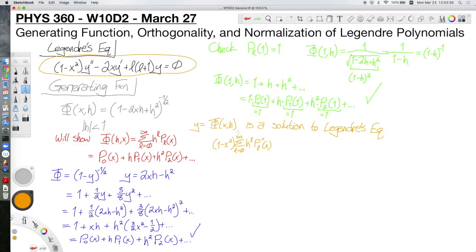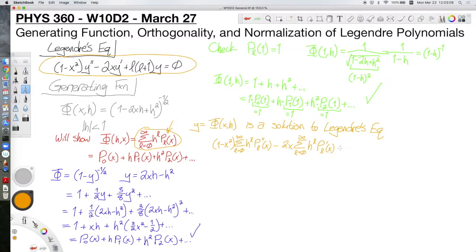The derivative is only applied to the part of this expression that is in terms of x, which is specifically the P_l term. So next term up, minus 2x times our first derivative of y, which is the sum from l equals 0 to infinity of h^l P prime l of x.